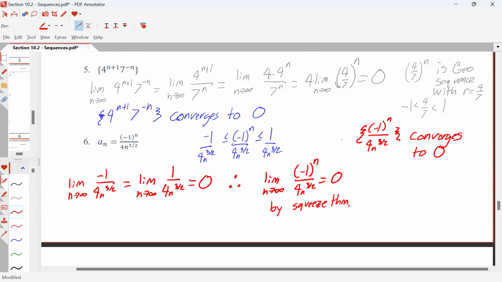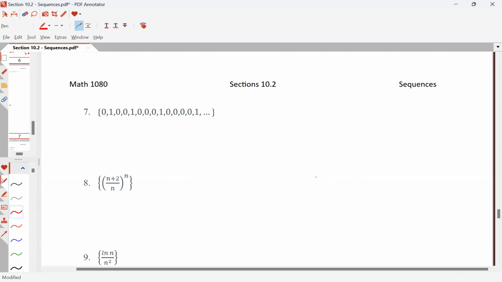Example 7. We have 0, 1, 0, 0, 1, 0, 0, 0, 1, 0, 0, 0, 0, 1. There's no rule I can write. However, for limits, all my values have to be getting really close to the limit.